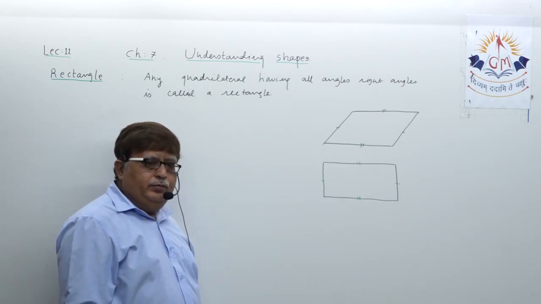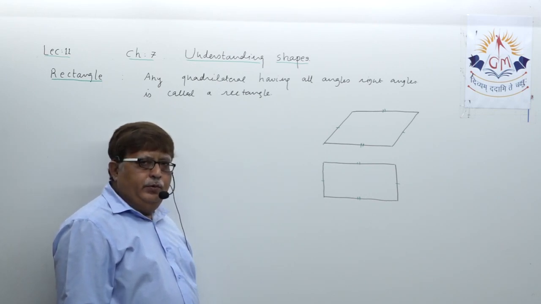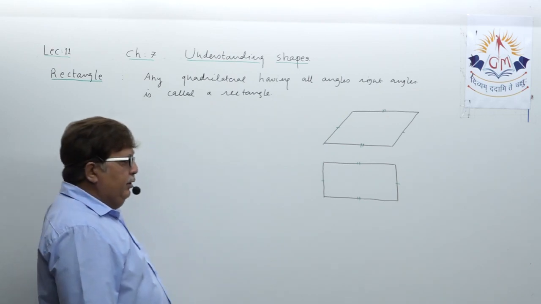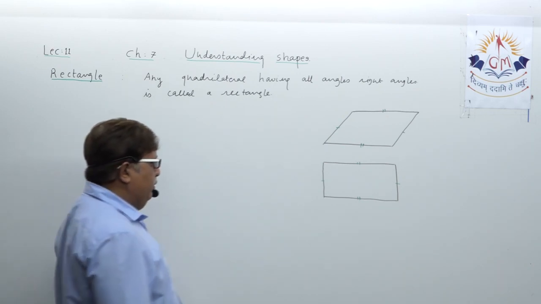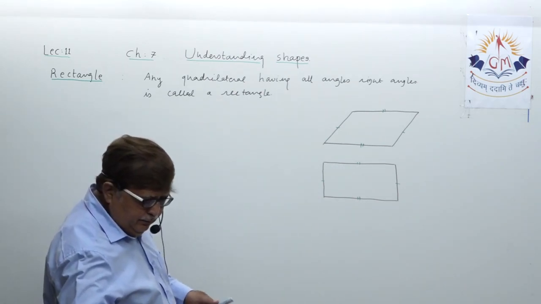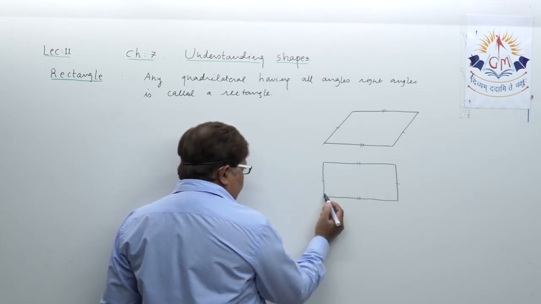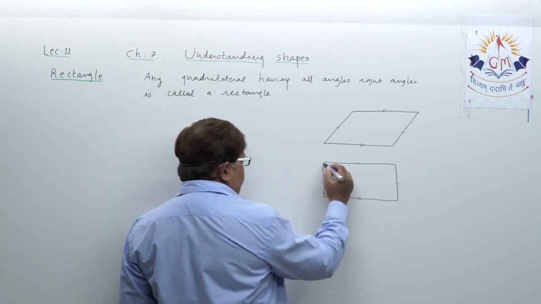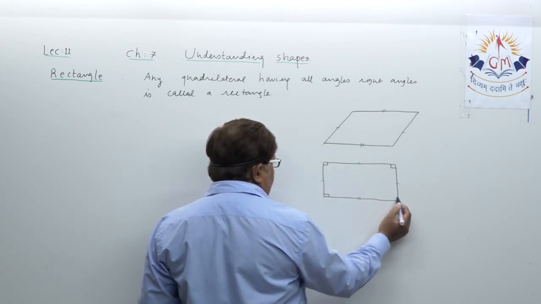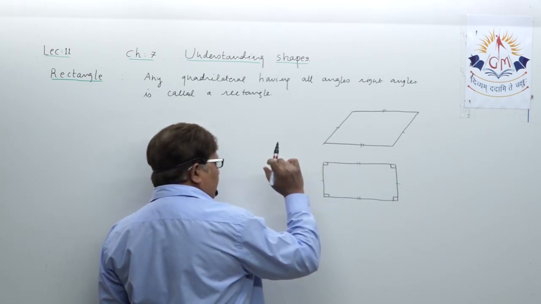So one property is common between parallelogram and rectangle. The only difference is in rectangle all angles are right angle, that you know. All angles are 90 degrees, which is not the case in parallelogram. Understood?